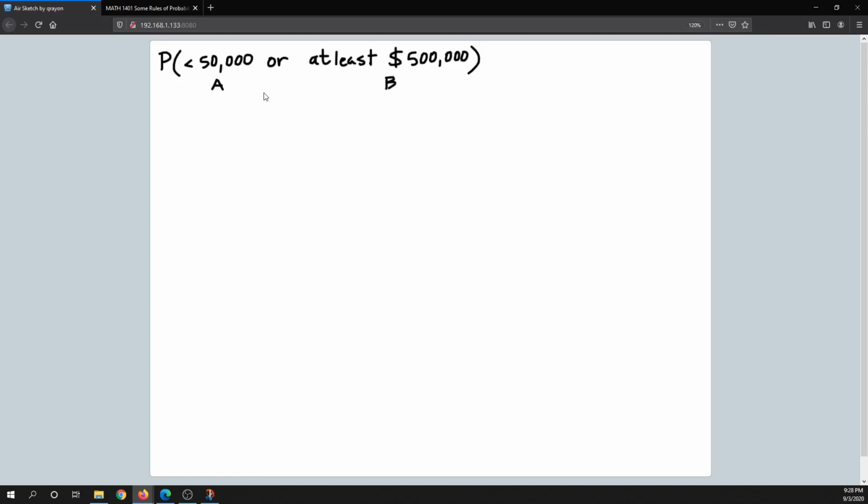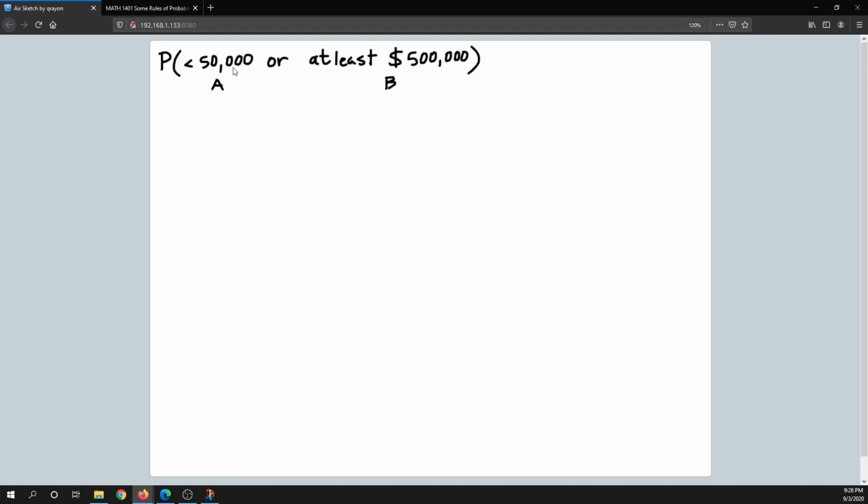And so the rule is, are these two events mutually exclusive? You have some receipts. Is it possible that they are less than $50,000 and also at the very same time at least 500,000? And the answer is no.